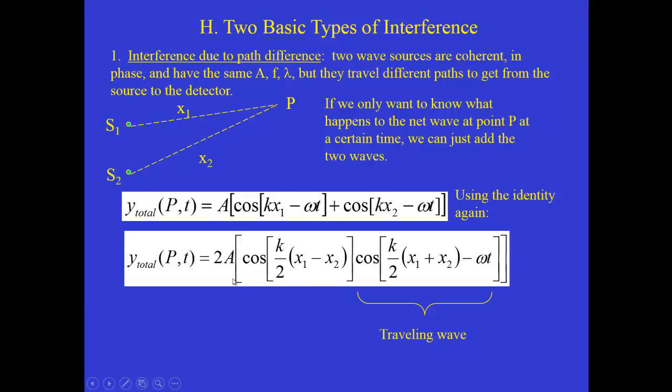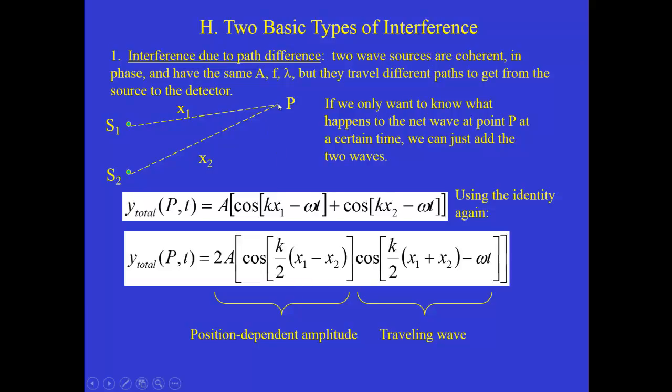But look what's out in front of that traveling wave. Not only do we have 2a, but we've got a cosine term that doesn't depend on time, but does depend on the difference of those two distances, x1 and x2. We can think of this entire term out in front of the traveling wave as an amplitude that depends on position.